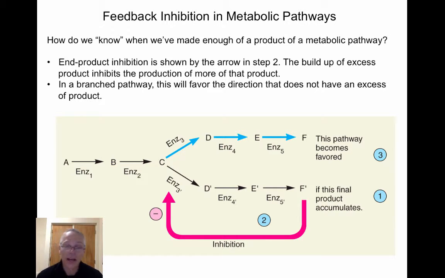It can slow it down or even stop it altogether. And so now all of this product C that is being produced in the earlier stages of the metabolic pathway is going to be used by the other enzyme to drive the other pathway, maybe until it catches up.